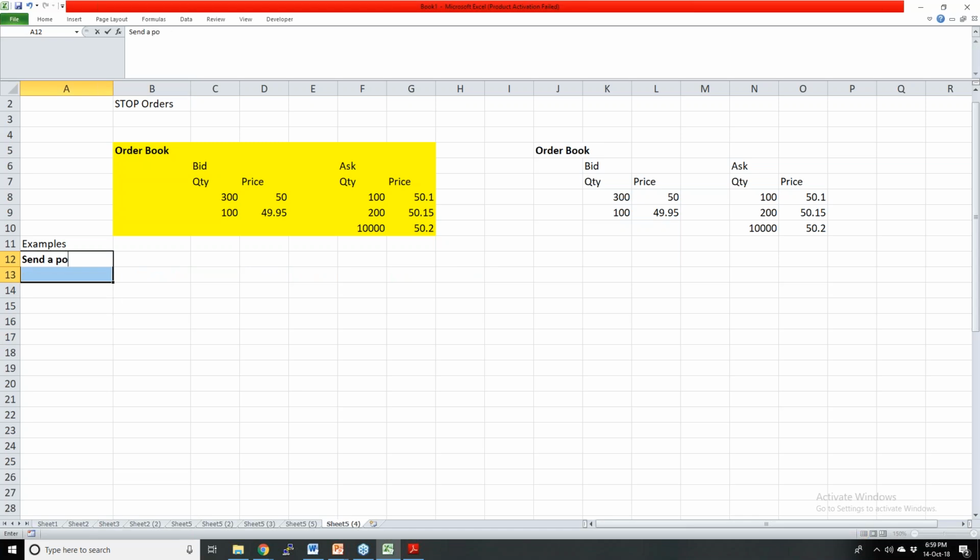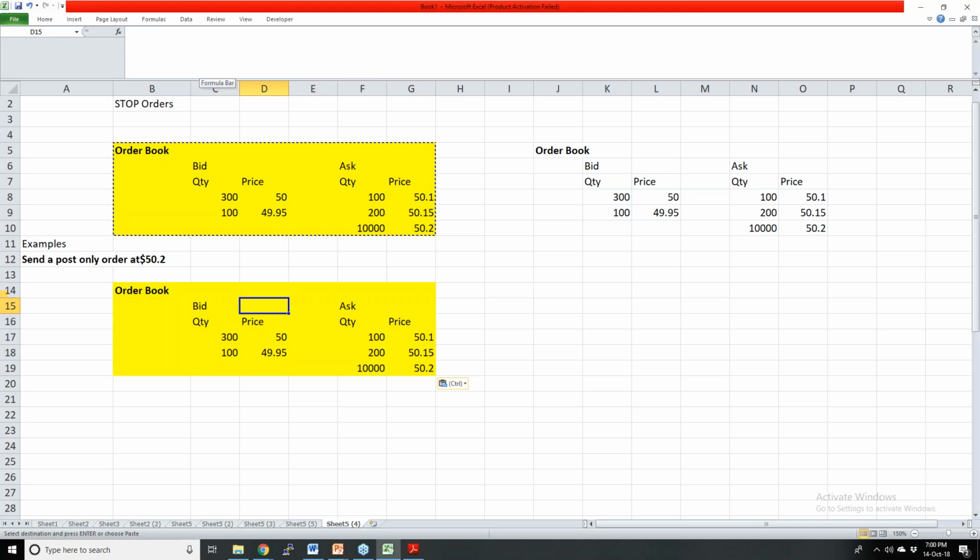If you send a post only order at say $50.2, then the exchange will automatically put it at 50.05, right?